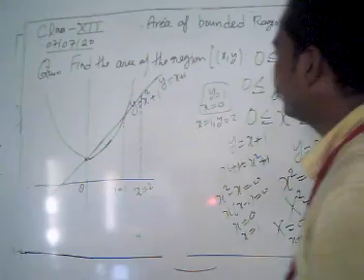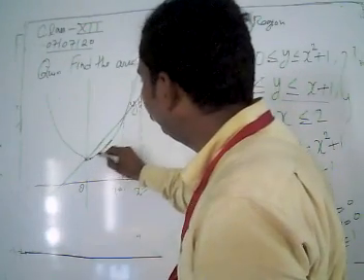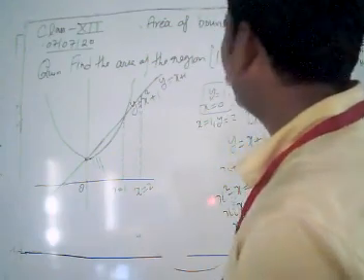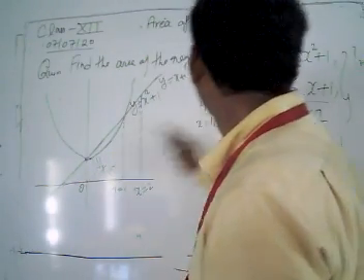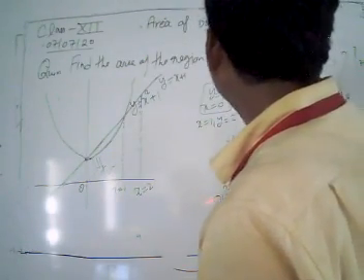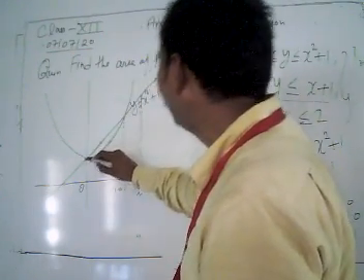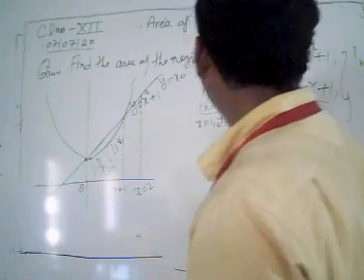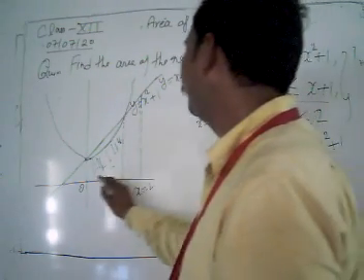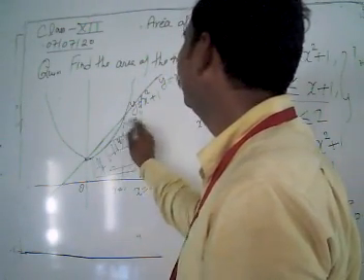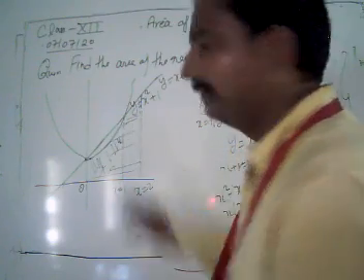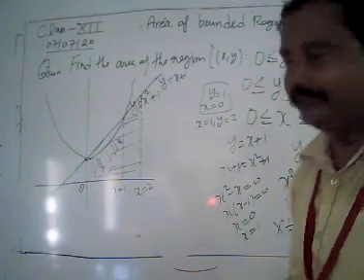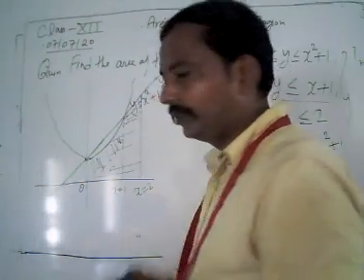Y is equal to x square plus 1 means the area below this parabola, and 0 greater than or equal to y means above the x axis. Y is less than or equal to x plus 1, below the line y is equal to x plus 1, means this region, and x less than or equal to 2 means we have to find the area between this region.